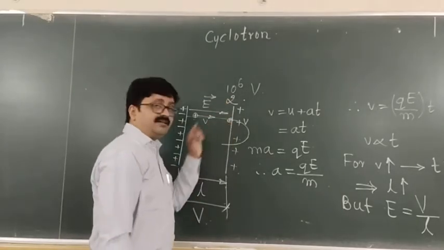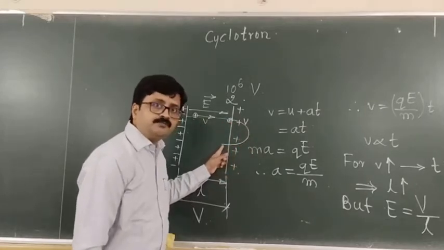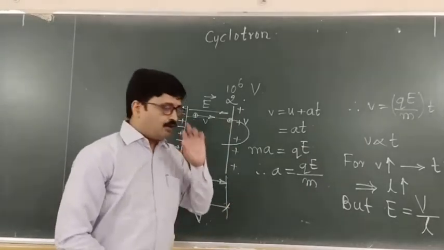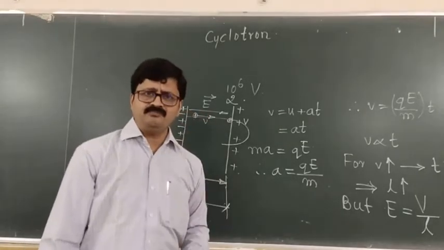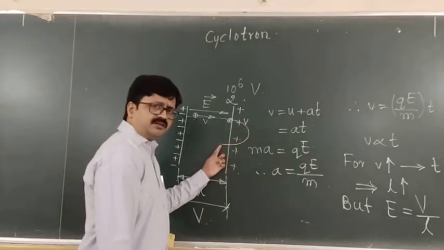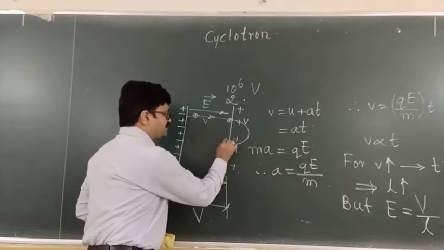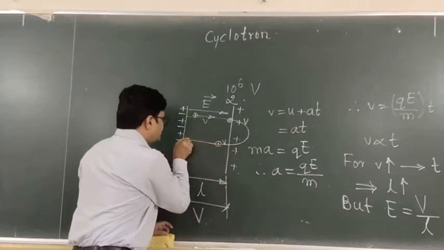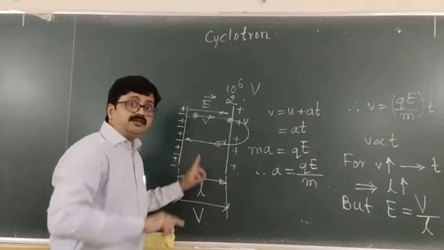After reaching plate number 2, if I make this particle revolve in a circular orbit, if I make this particle execute uniform circular motion, then obviously its speed will not be affected. Speed remains constant in case of circular motion, correct? And thus, when this particle reaches back into this very same electric field, obviously it will maintain that speed v. But when it reaches the left side plate, it will gain one more amount of v here.